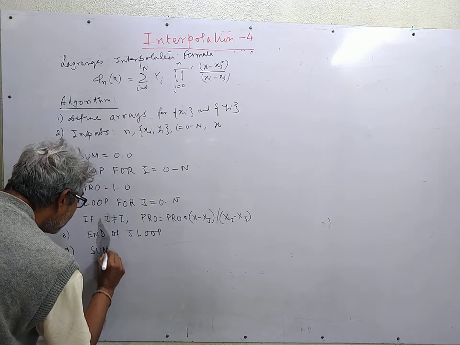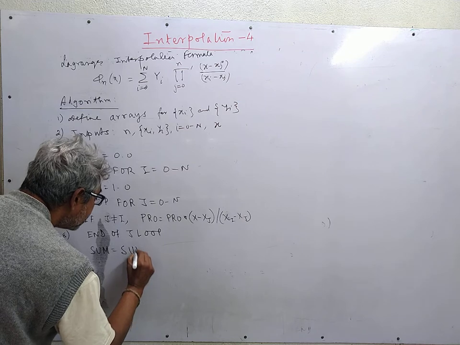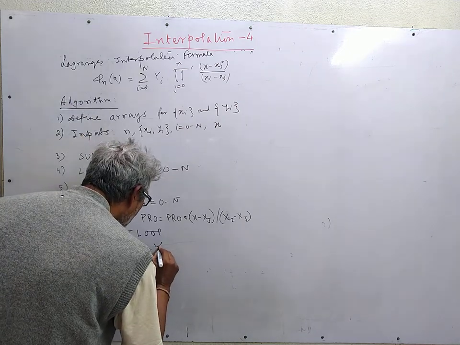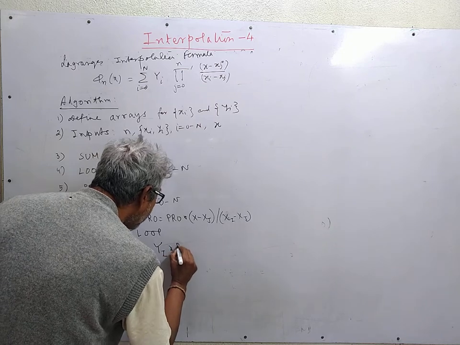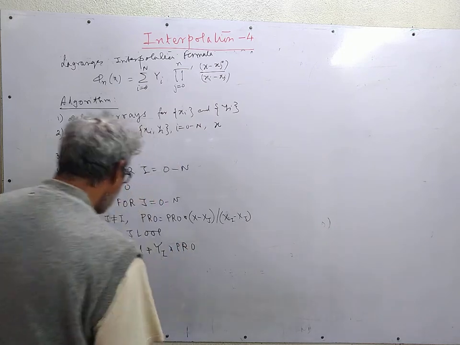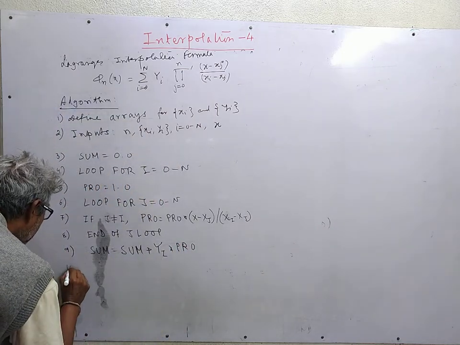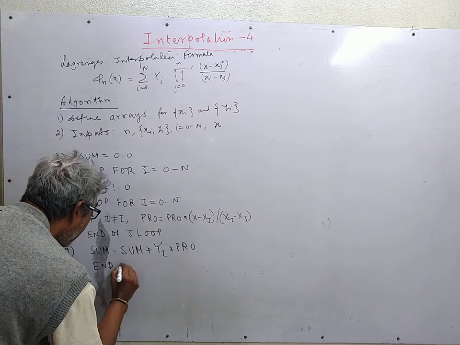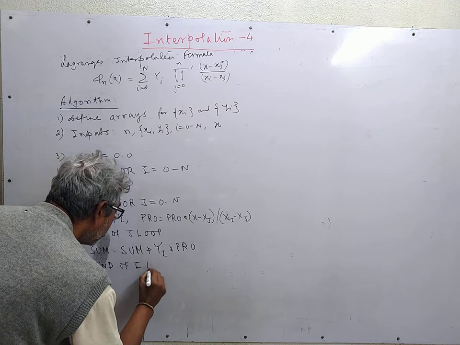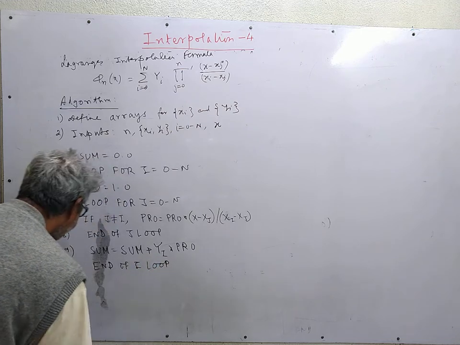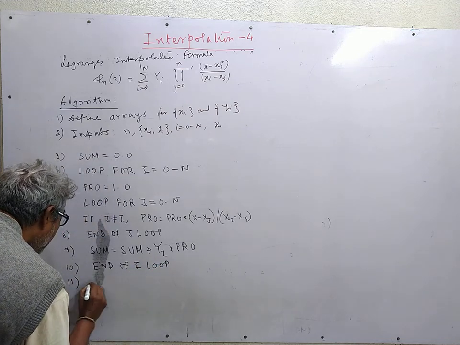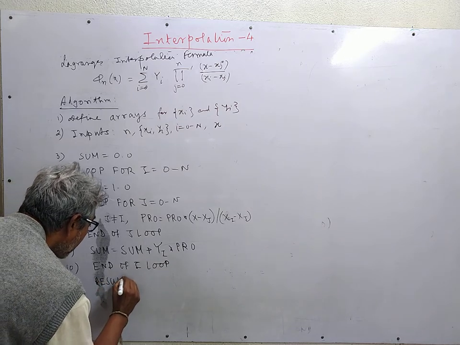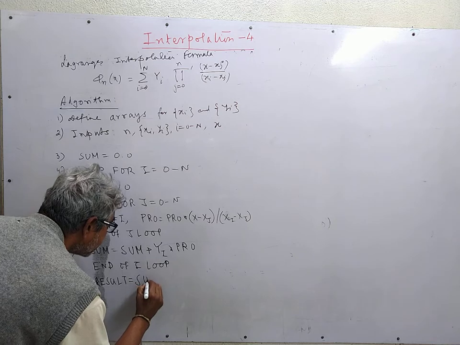Then we come to implementation of this part. Sum is equal to sum plus yi times product. End of I loop. Result is the sum.